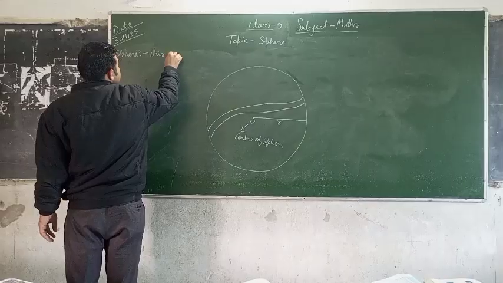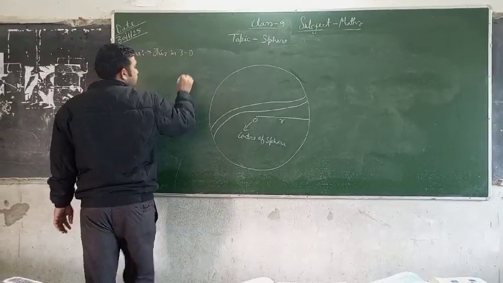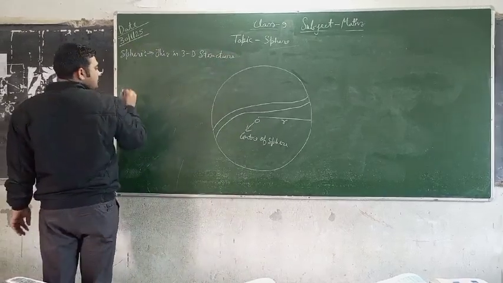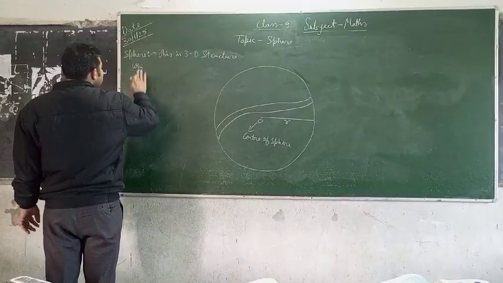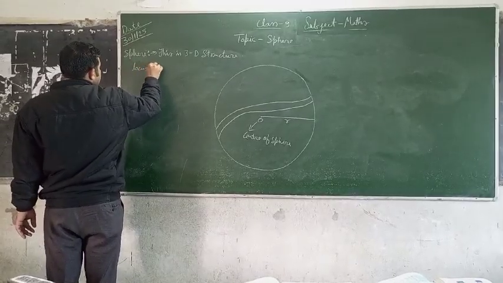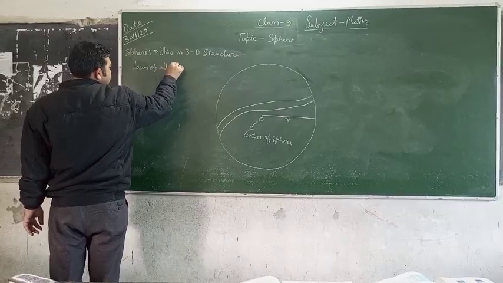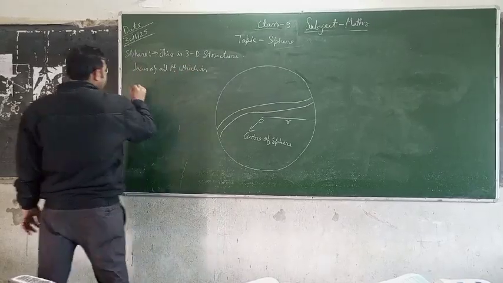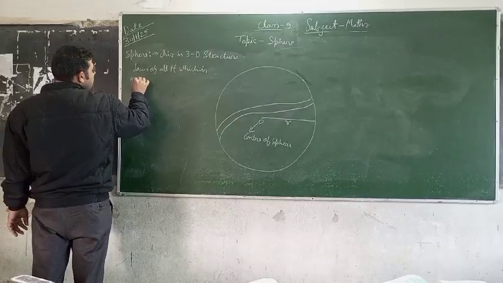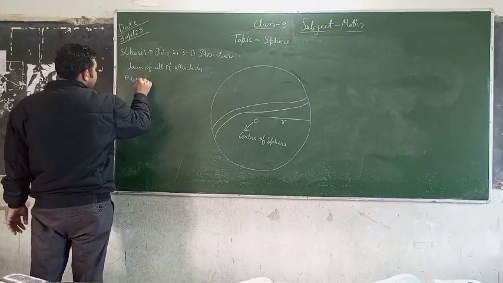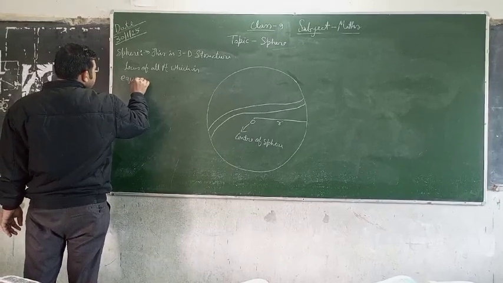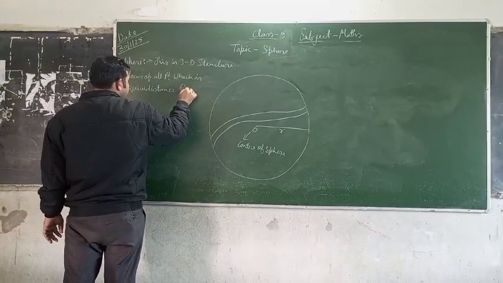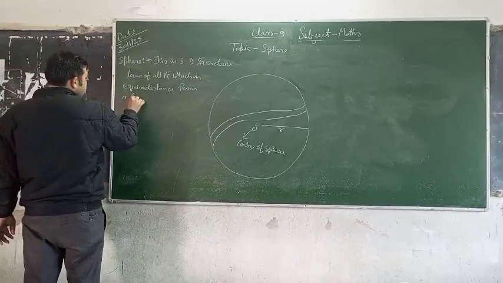A sphere is a three-dimensional structure which is the locus of all points which are equidistant from a fixed point.